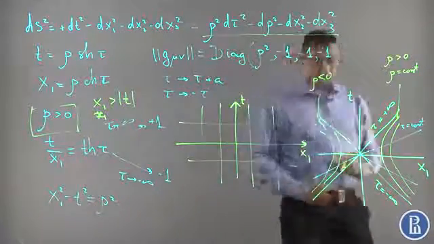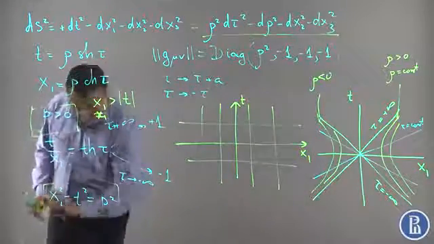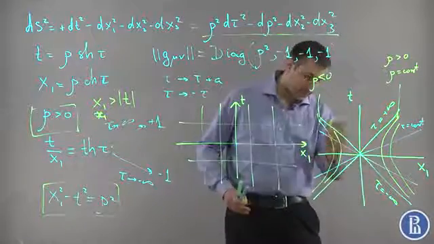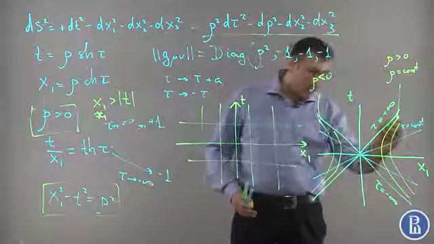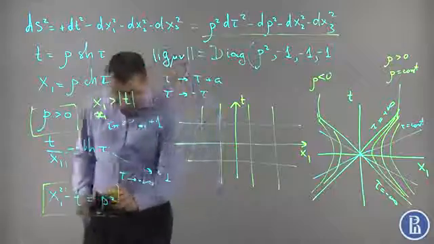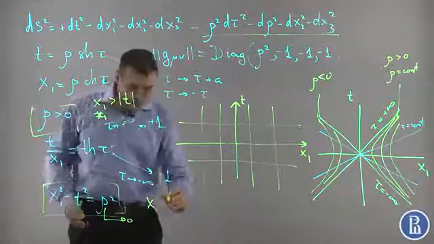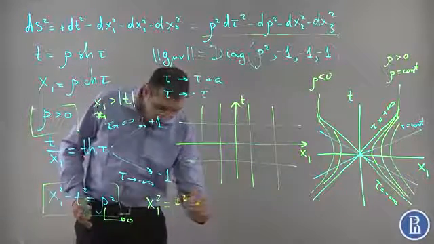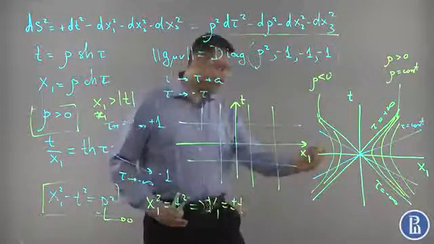It is important to stress that all of these hyperbolas for different rho have the same asymptotes, which are just these lines. And when rho becomes smaller, the hyperbola becomes closer to the asymptote. And as rho goes to 0, hyperbolas degenerate to the two lines that x1 squared is equal to t squared, which is that x1 is equal to plus minus t, which are exactly the same lines.